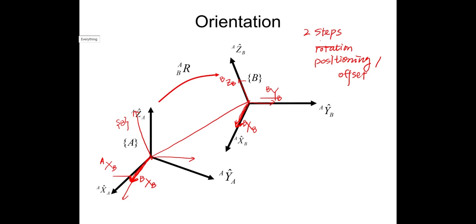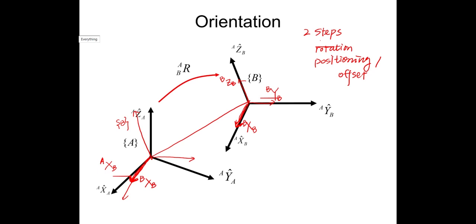Okay, so if we consider the orientation, the unit vectors of the B frame, 1, 2, 3, which are X, Y, and Z, and we consider these 3 unit vectors in the reference A frame, then we will be able to calculate orientation, right?